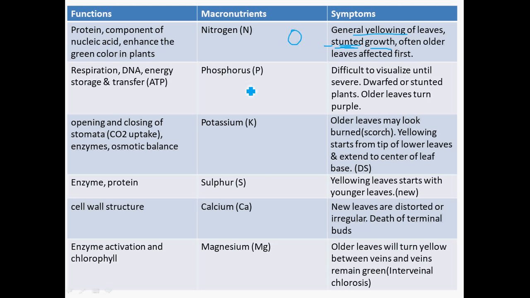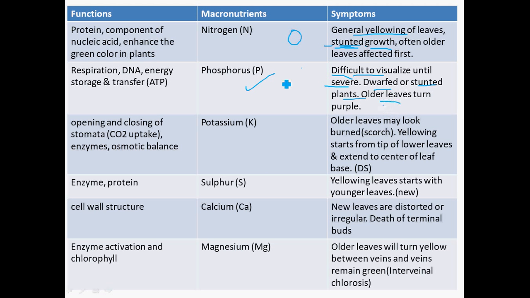Now next one is phosphorus. The main visual symptoms that occur due to the deficiency of phosphorus are difficult to visualize until it is severe. Plants are stunted, the plant growth is slow, and it also affects older leaves.